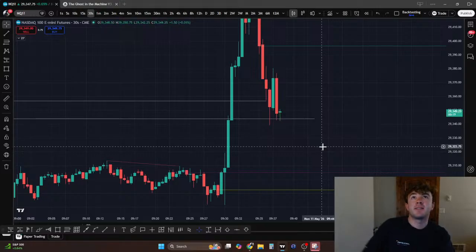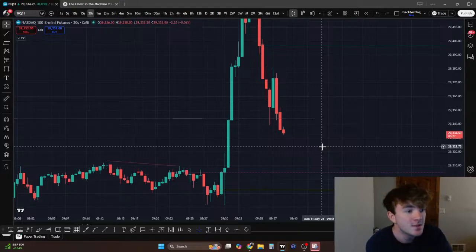Oh wow, a big reason for why we went lower is we had just a lot of absorption, market buyers. Seems like now we're getting some absorption to the downside. Maybe some trapped shorts, it's possible.